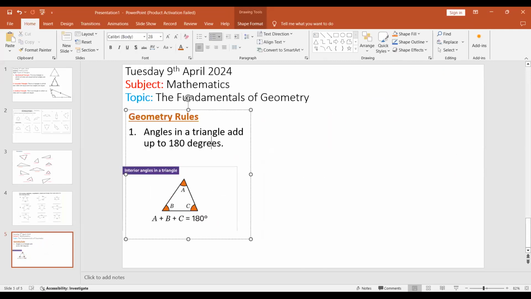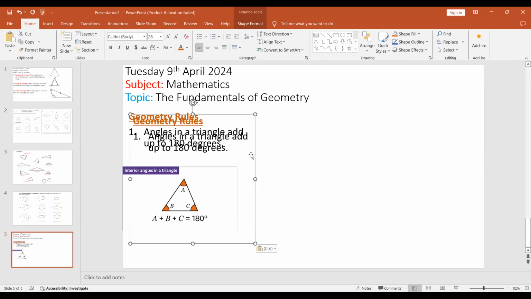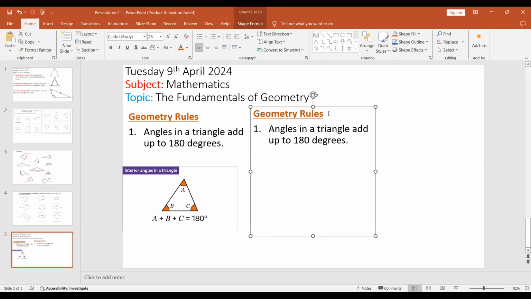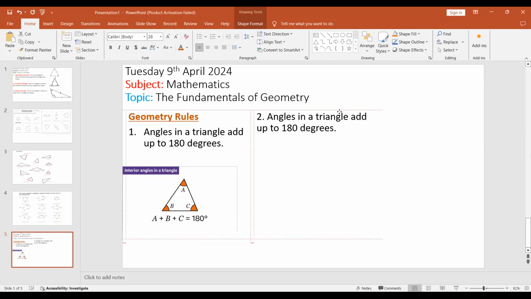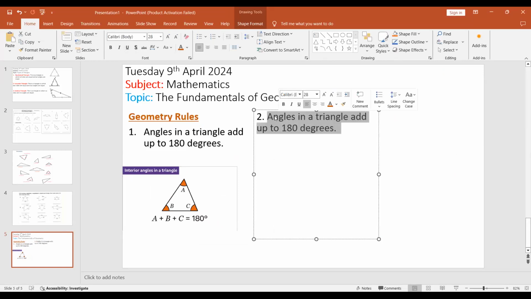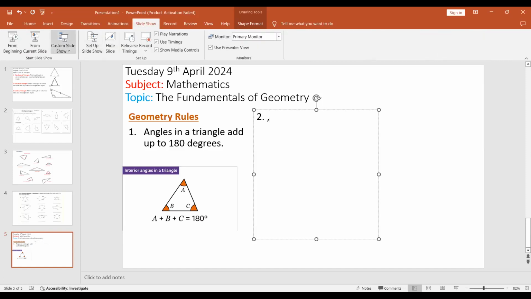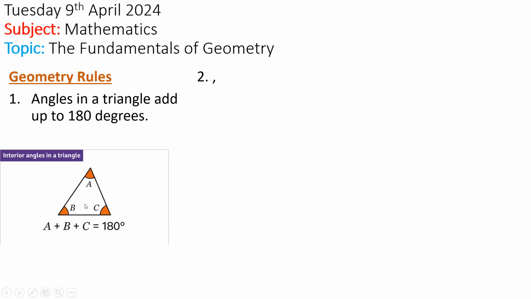The second rule that I believe is also important that we're going to look at. Rule number 2. But by the way, let me continue to explain rule number 1, just so you can understand what I'm talking about. Looking at rule number 1, if you notice the angles inside this triangle, we have angle A, angle B, angle C. These all must add up to 180 degrees.